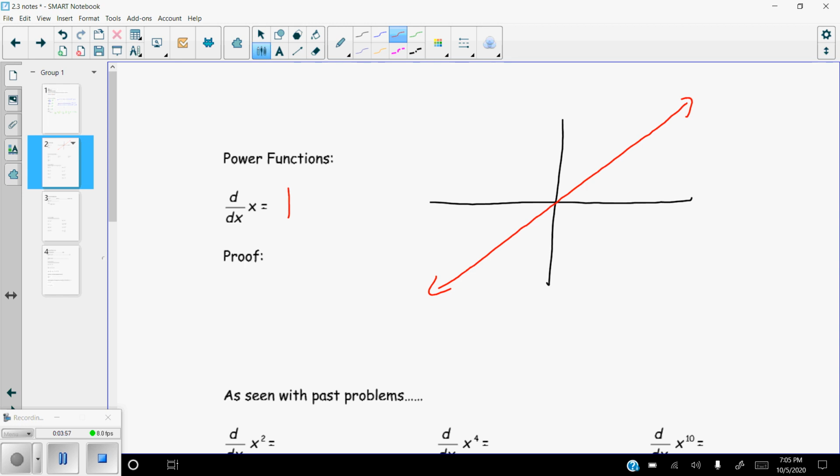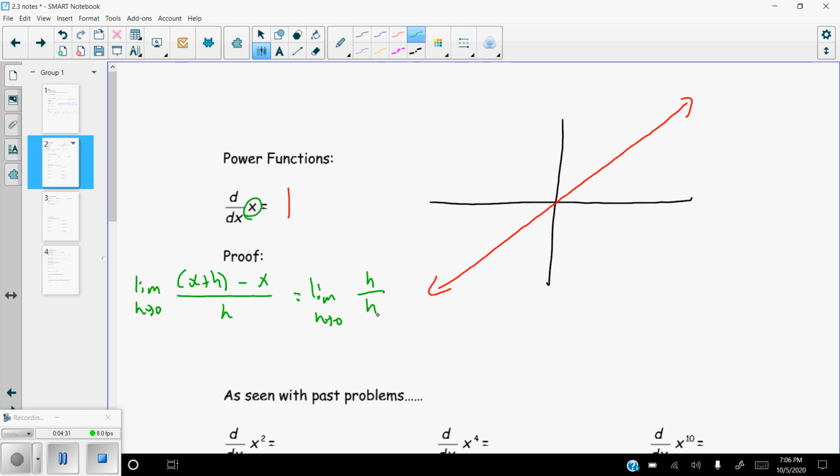All right, well, let's show the actual algebraic proof. So let's take the limit as h approaches 0 of, now in this case, I do have an x value here to plug something into, so I'm going to plug in x plus h minus f of x, which is x, over h. And this is pretty easy to simplify. Again, simplify before evaluating. On top, I've got an x minus x, which leaves an h over h.